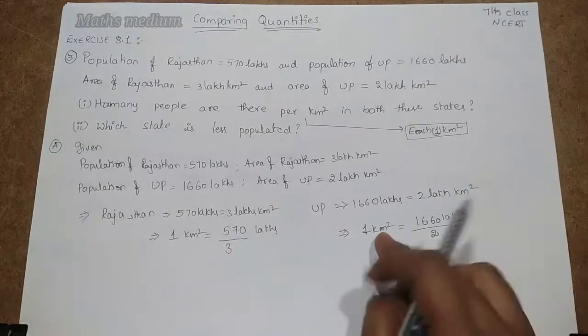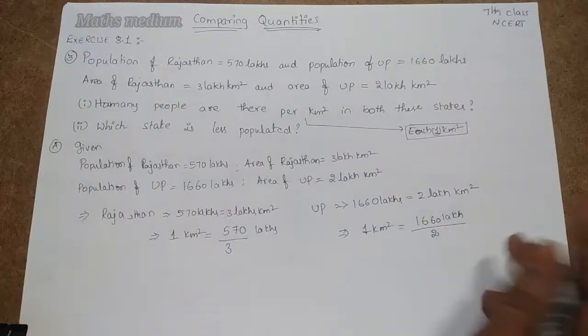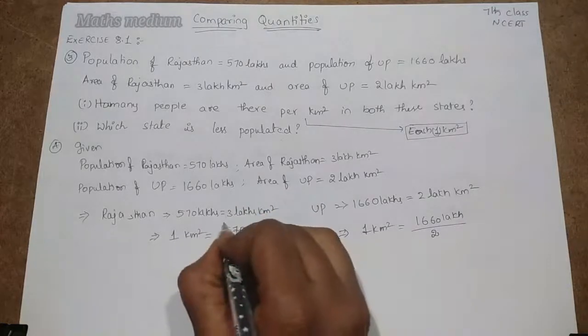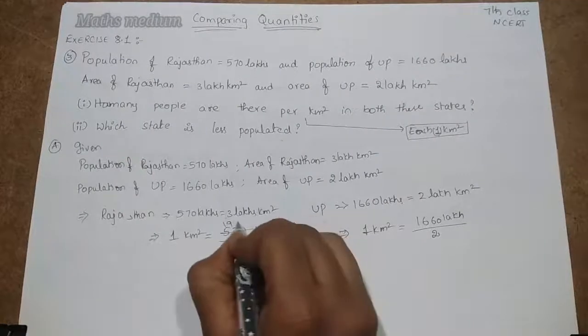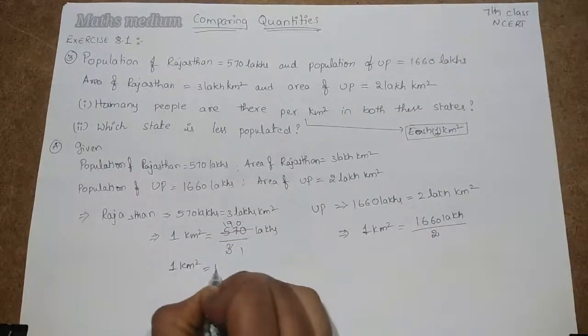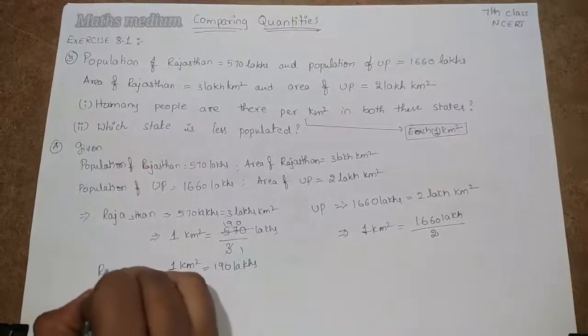But in this case, we have to find the kilometer square population, so that's why I'm using lakh here. 3 ones are 3. Here 27 is left. 3 nines are 27, and 0. So 1 kilometer square is equal to 190 lakhs people for Rajasthan.